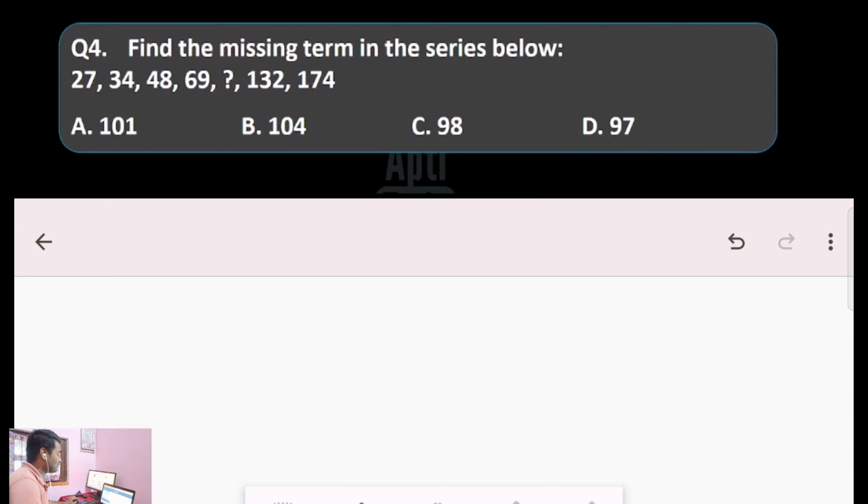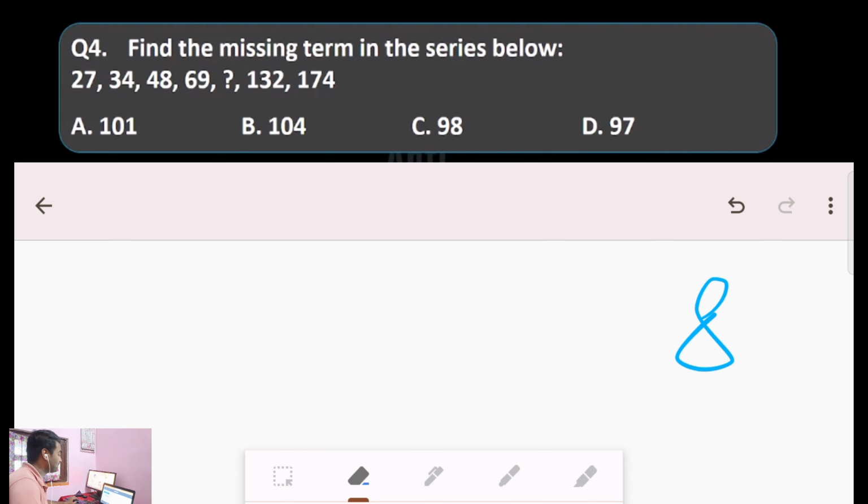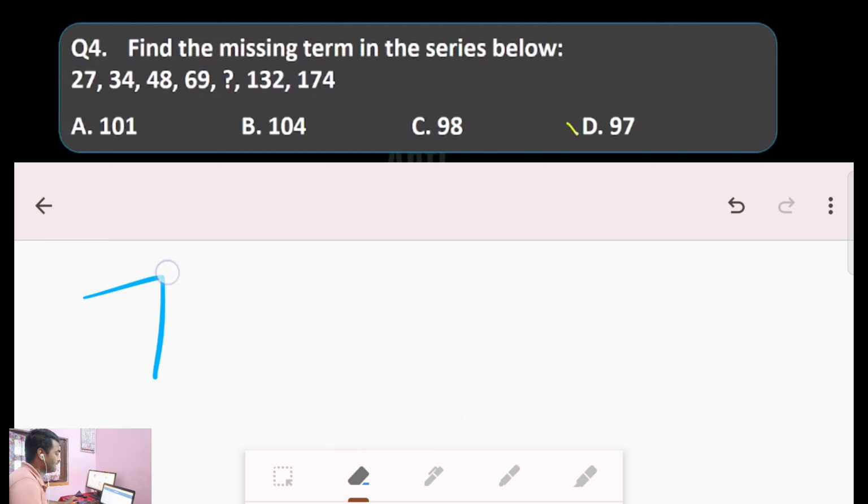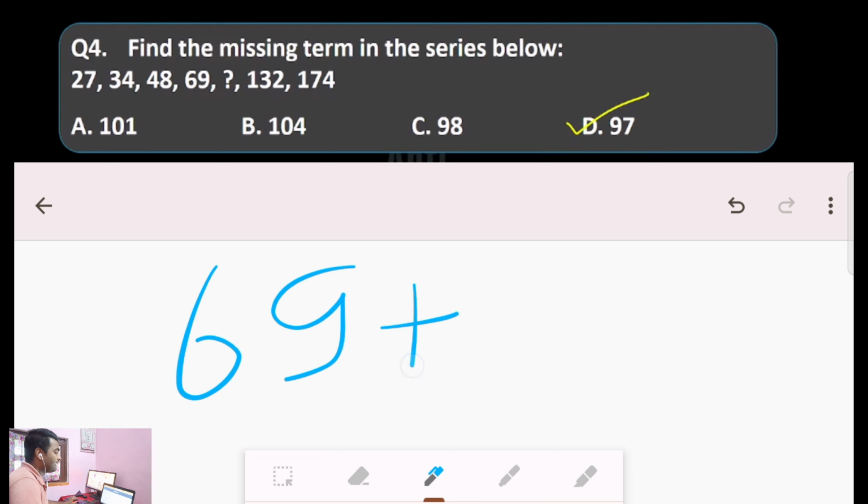Now think about the logic here. There should be a logic. We have an interval of 7, meaning the table of 7: 7, 14, 21. So what will be the next? 28. If we add 69 plus 28, what will the answer be?